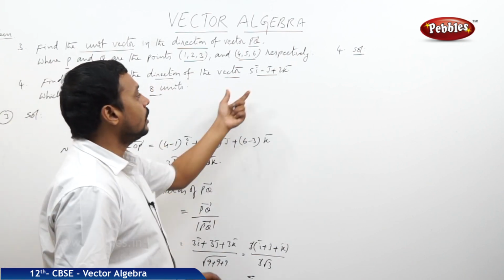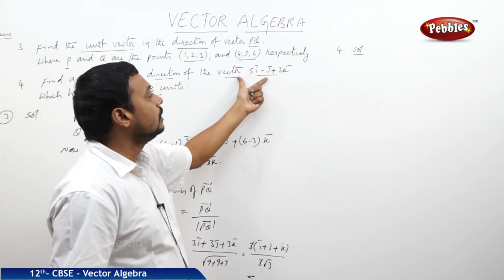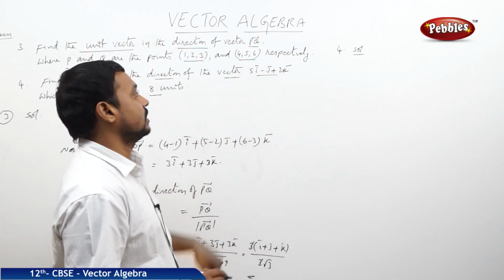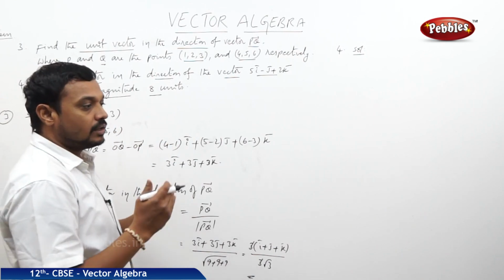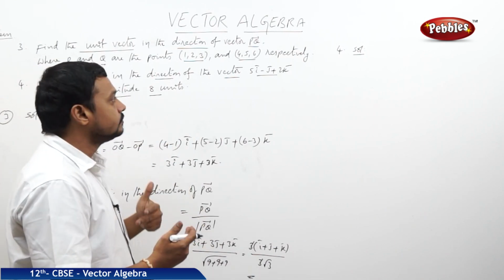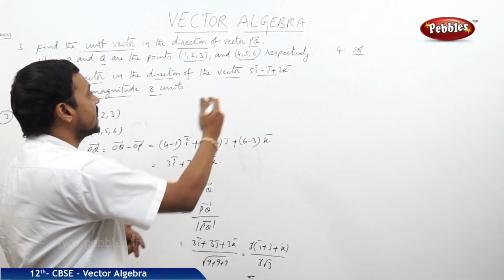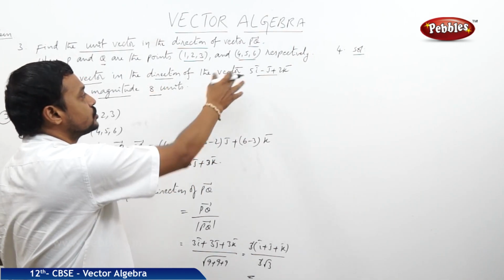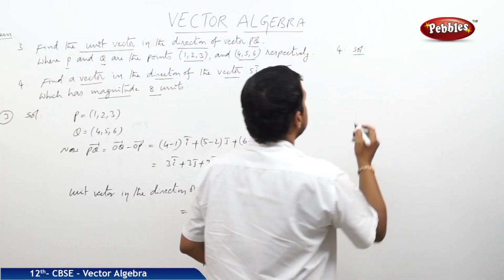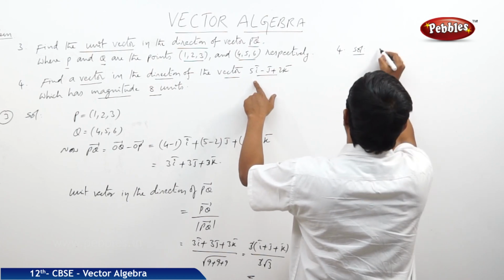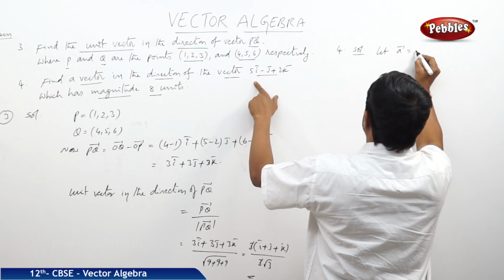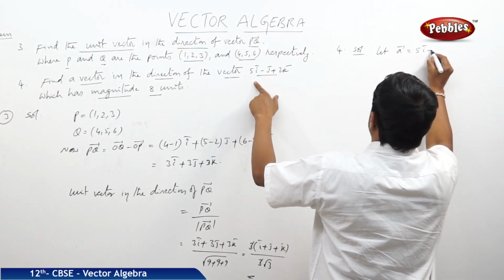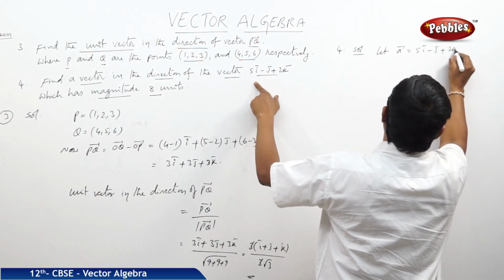How? First of all, let us find the unit vector in its direction. After that, multiply that unit vector with 8. Then that becomes the required vector in its direction with magnitude 8 units. Hence, let the given vector be a bar, 5i minus j plus 2k.